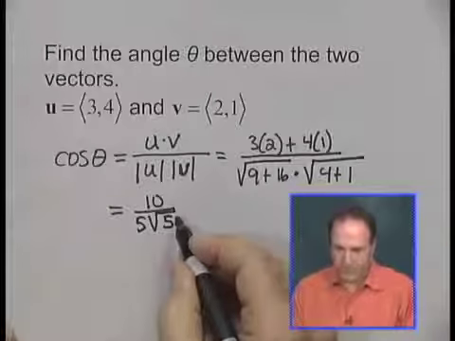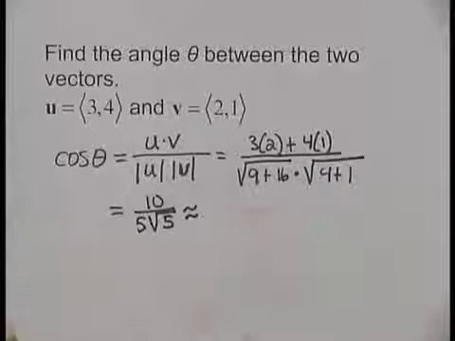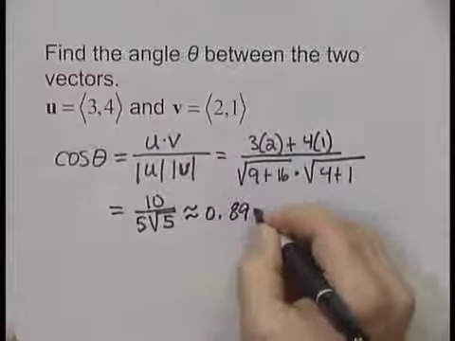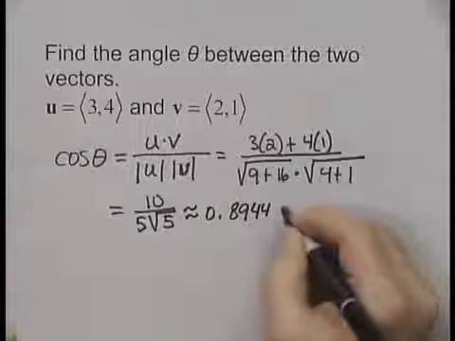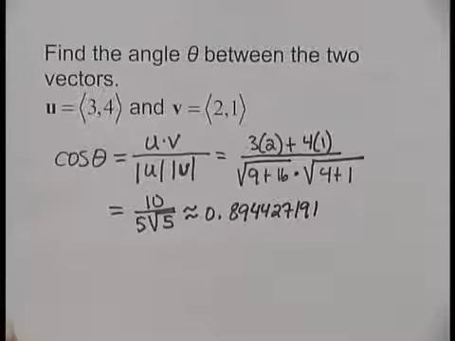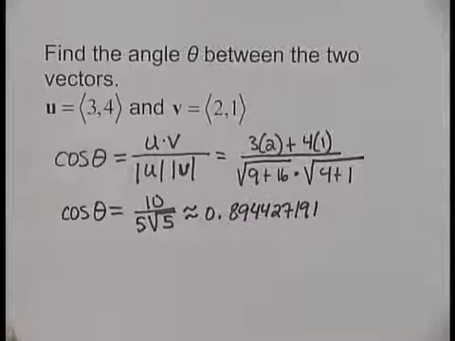Of course, we use our calculator to evaluate this, and it's approximately equal to 0.8944279191. And then this is the cosine of theta.